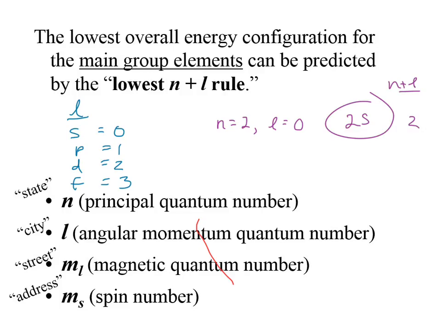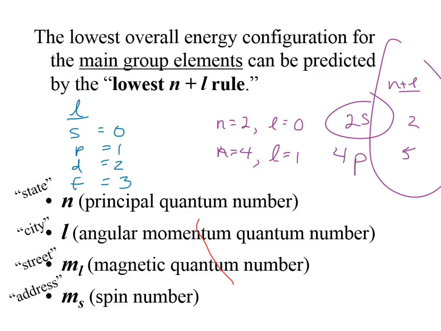We could do that for, let's go for 4p. So n is equal to 4, and if it's a p type, l is equal to 1. So that's 4p. So 4 plus 1 is 5. That is literally that subshell's n plus l value.